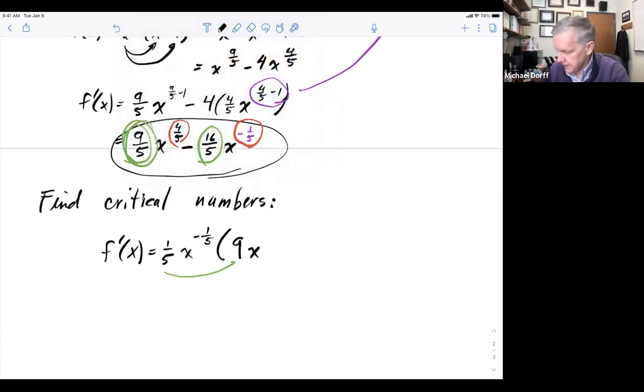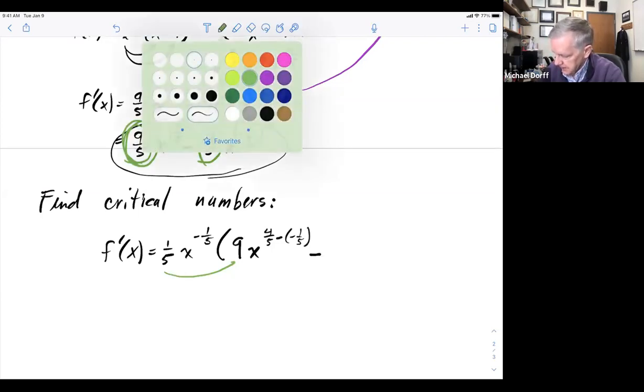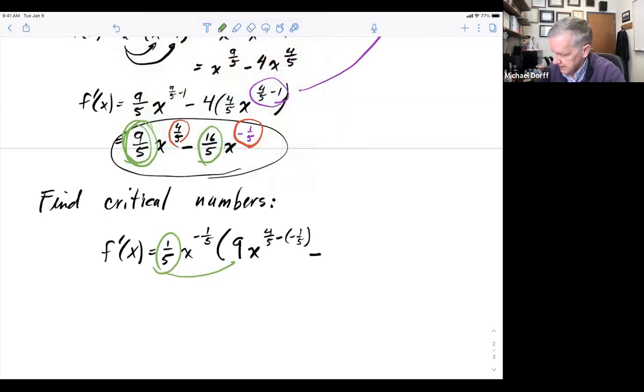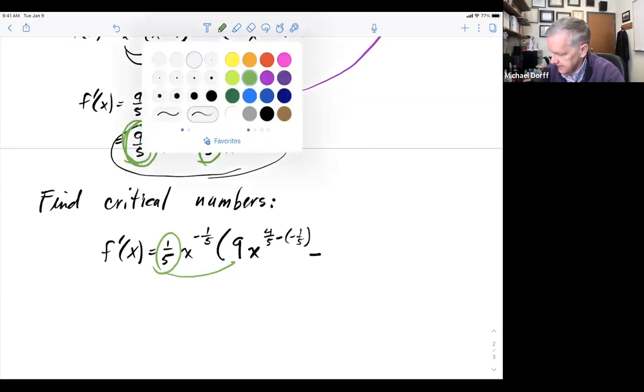And what am I left with here? Okay, well, it's got to be that when I take 4/5 and I factor out a negative 1/5, what I'm doing is I'm going 4/5 minus a negative 1/5. And on the second part here, again, I factored out this 1/5, and I had 16/5, so I have 16 out front.